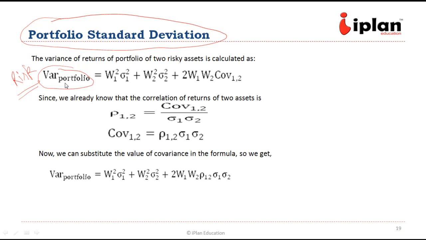As we notice from this formula, sigma 1 square is the variance of the first asset. This is for the second asset. This is the covariance between the two assets, and W1 and W2 are the weights of those two assets in a particular portfolio. We already know the formula for correlation coefficient and covariance.